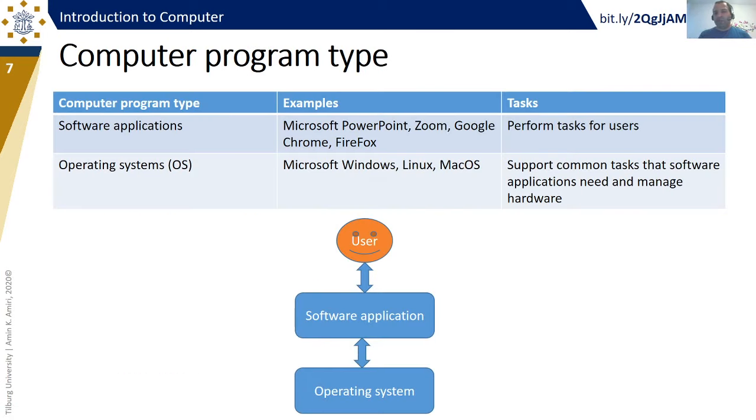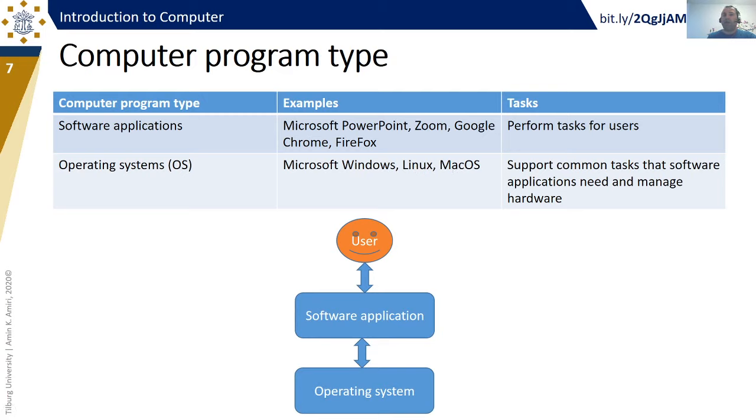I'm going to explain what those files are, but first we need to know that we have two main types of computer programs: software applications and operating systems. You already know many software applications: Microsoft PowerPoint, Google, Zoom, Firefox. They perform tasks for users, for you. Operating systems like Microsoft Windows, Linux, or Mac OS support the common tasks that software applications need.